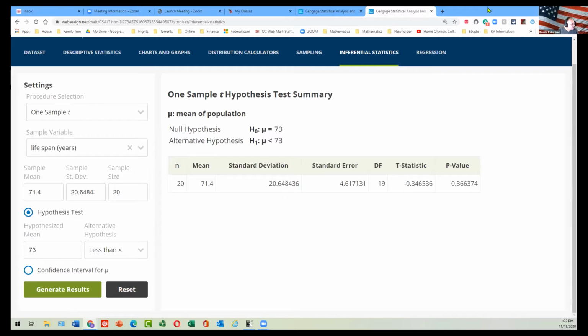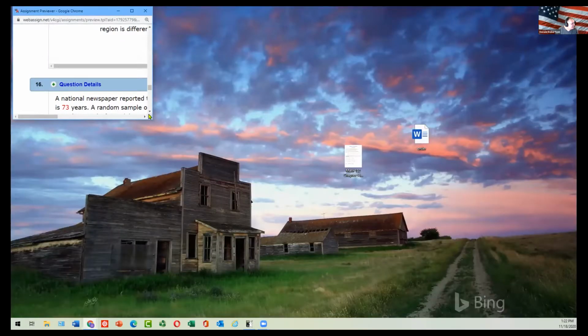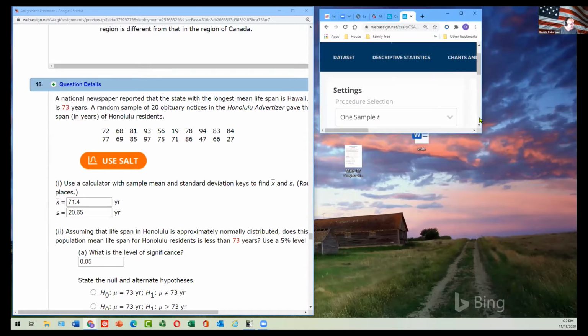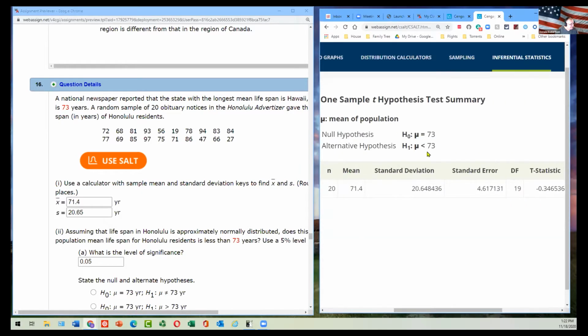Okay. Oh, I've got an idea. This might work. And it might not. I'll try it anyway. There's basically the question, or at least most of it. And if I put this guy beside it, can you see the null and alternate?